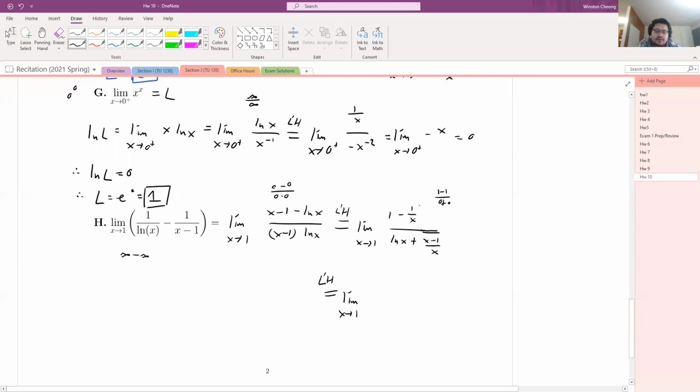Okay. Well, taking the derivative of this, negative 1 over x is going to be positive 1 over x squared. Ln is going to be 1 over x. And then to deal with this, the easiest thing to do is actually to rewrite this. So that x minus 1 over x, I would just split the denominator over both things in the numerator.